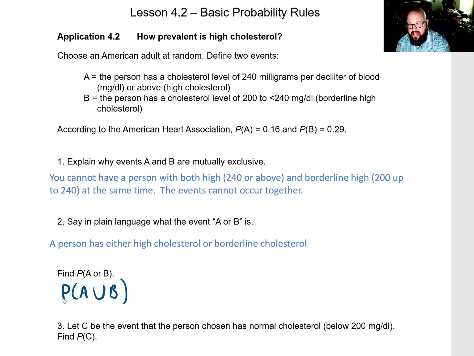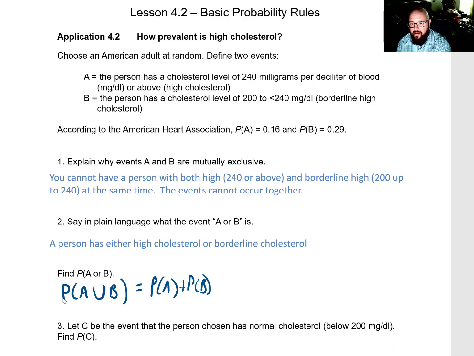It's just like a big U, and a big U stands for or, so A or B. In which case, because they are mutually exclusive, we're going to use that equation we saw in our big ideas, which in this case is simply saying the probability of A plus the probability of B is all we need to do, because they cannot occur at the same time, so we don't need to subtract anything from this.